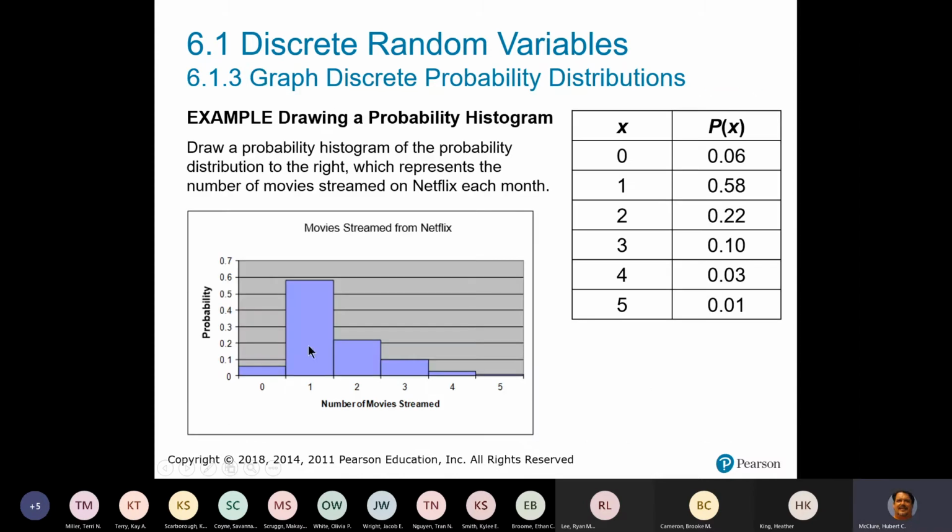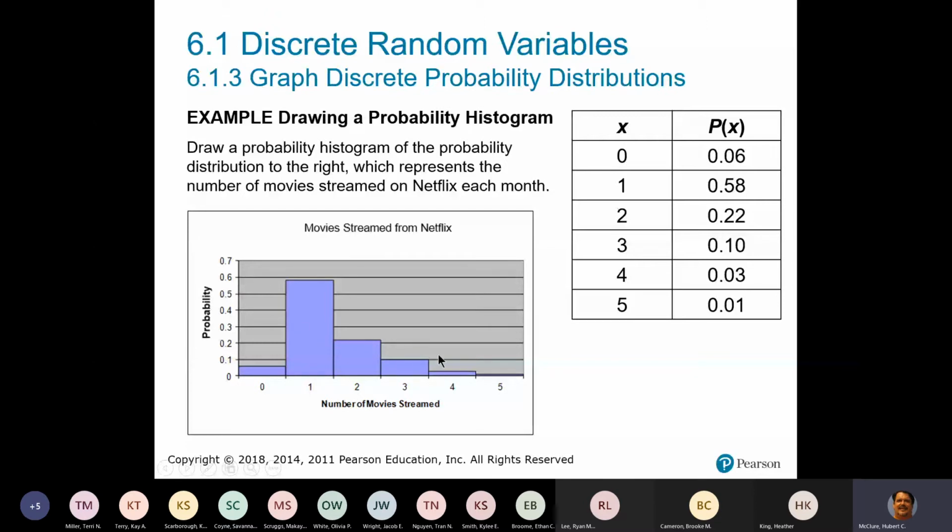I don't get into graphing these, but you see that it's a little bit skewed right because the data is pretty much on the left-hand side, so it's skewed right. That's what happens when you graph these numbers. So you might want to be able to do that on your Excel spreadsheet or your calculator.